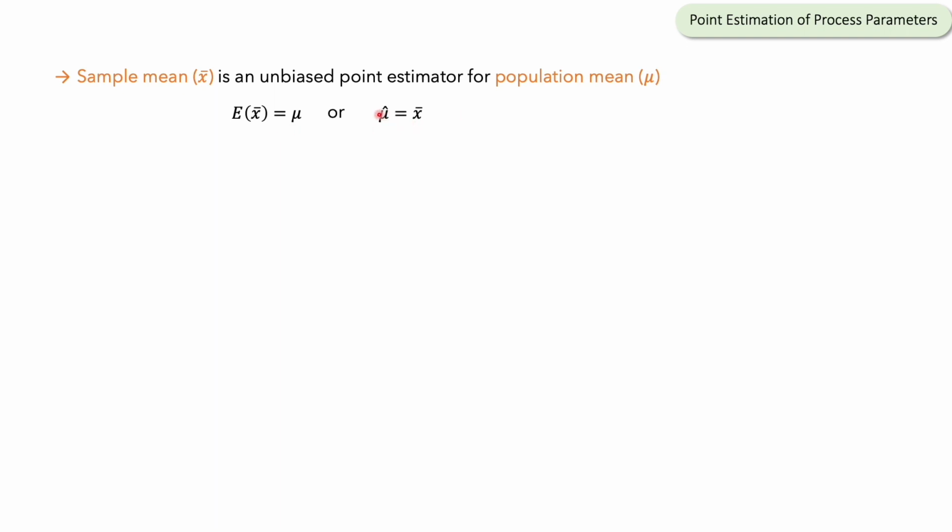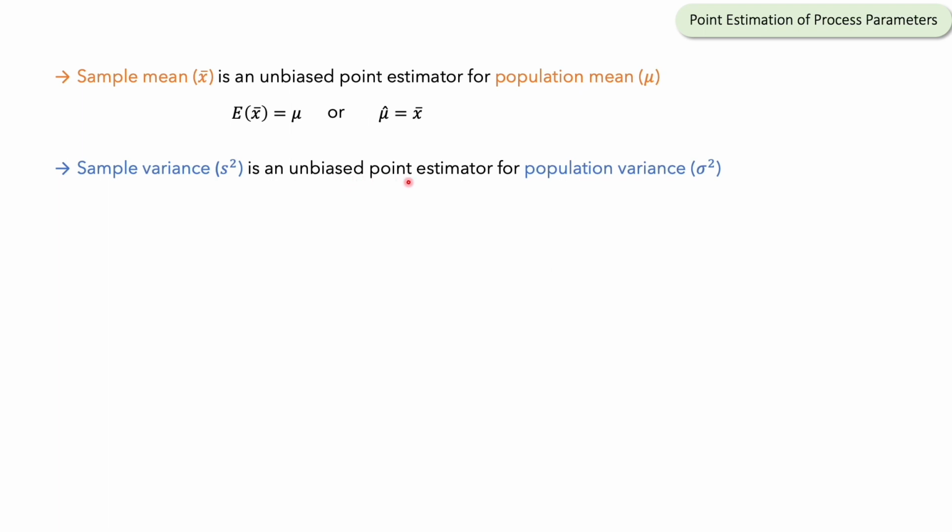Here the hat symbol on the top of mu is an indicator of an estimator, so the estimator for the population mean is the sample mean. And the sample variance is an unbiased point estimator for population variance. You know that the sample variance is represented with s square and the population variance is represented with sigma square. So this one is the point estimator and this one is the parameter.